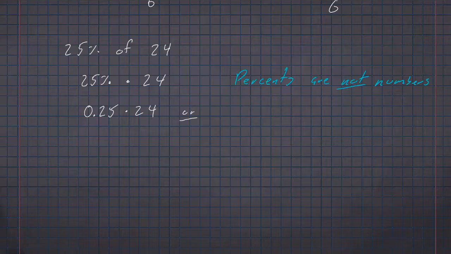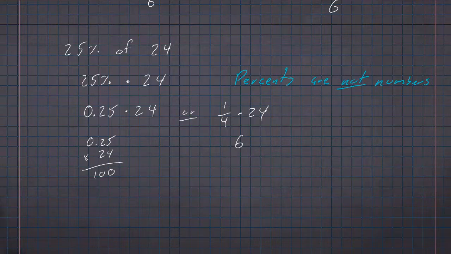And while that certainly works, if you recognize that 25% is the fraction 1/4, well, that's a lot easier. 1/4 times 24 is 24 divided by 4, which is 6. 0.25 times 24, you have to go through a whole bunch of writing before you realize that that is also 6. I really like 6 today.